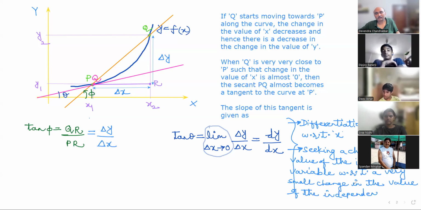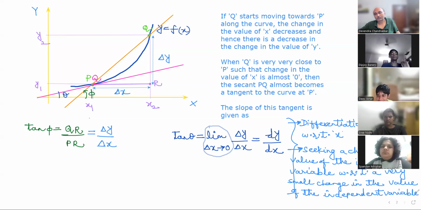That is what delta y by delta x with delta x tending to 0 means, right? Yes or no, is it understood? Yes, sir.